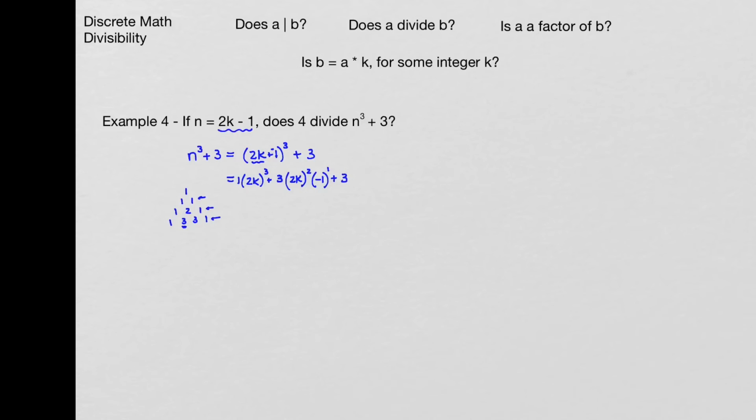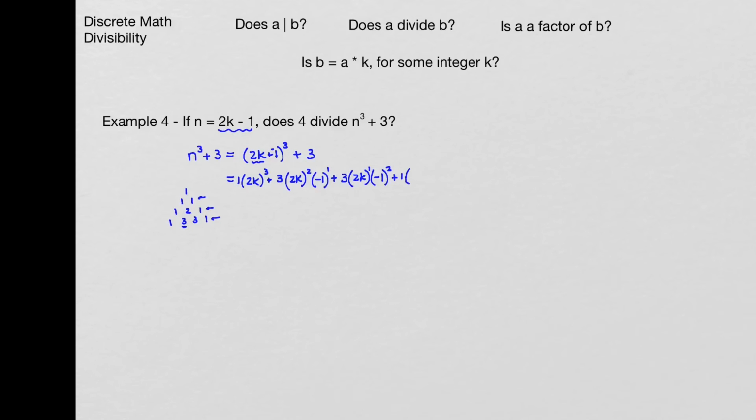Then I'll take a 3 times 2k to the first power times negative 1 squared, and then plus 1.